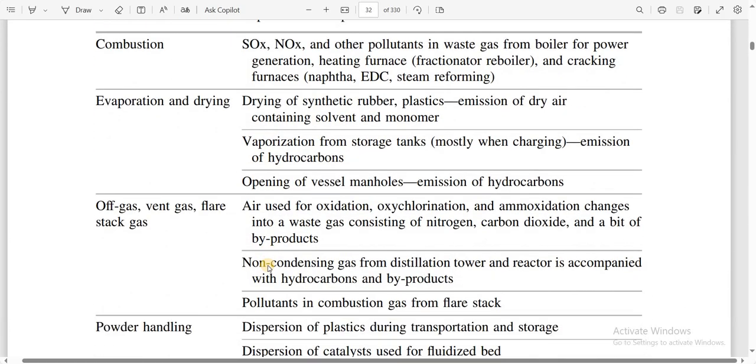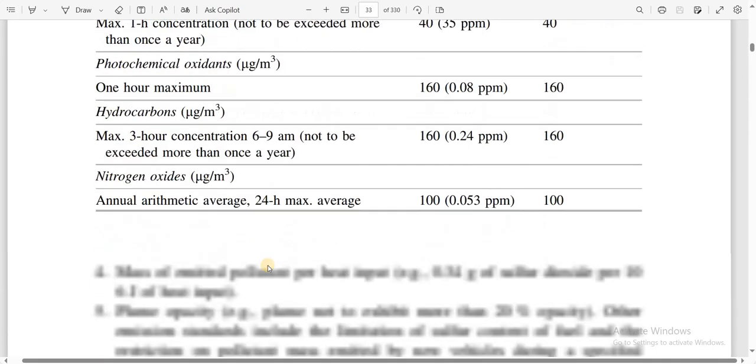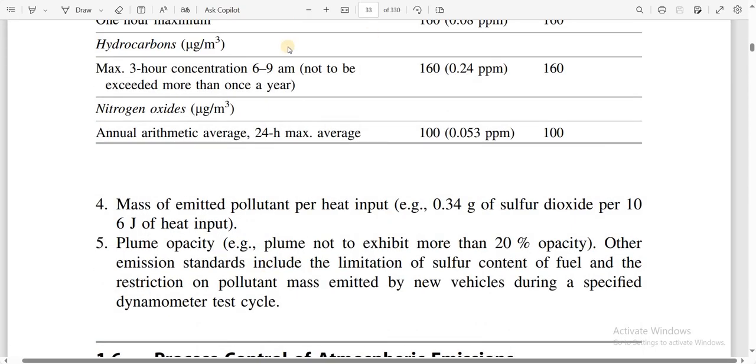And there are lots of things here in tables which we have already gone through, and if needed we'll go further in our future classes. Okay, fourth one is mass of emitted pollutant per heat input. Example, 0.34 gram of sulfur dioxide per 10^6 joule of heat input.